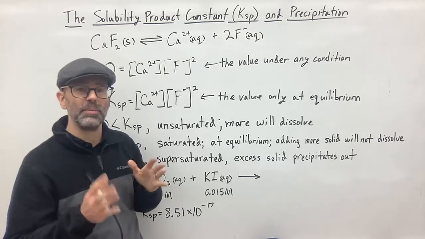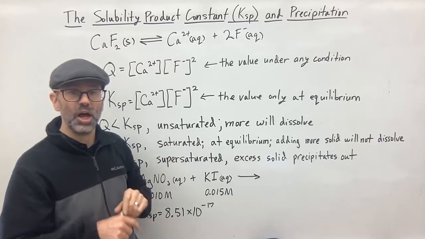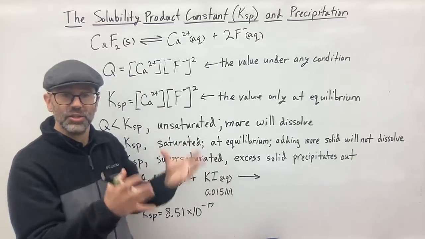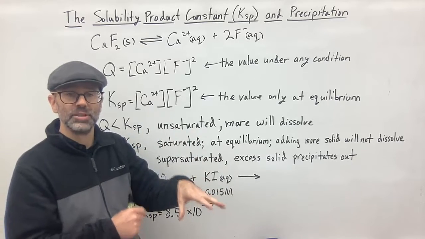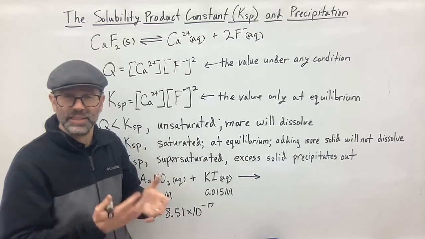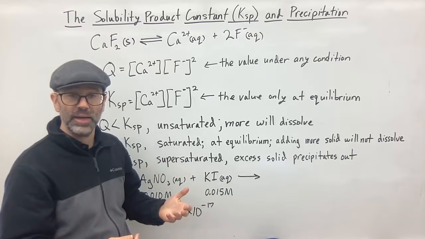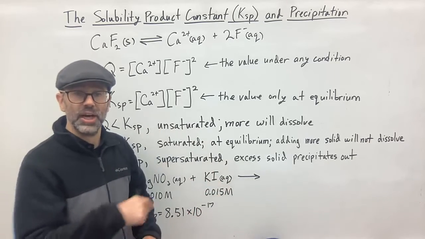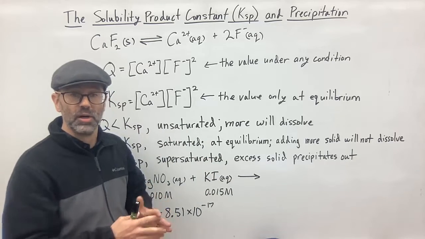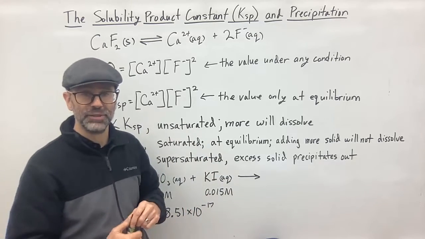If we remember what's going on when you dissolve, you throw a solid ionic substance like salt, NaCl, into water, you mix it up, and it dissolves. And you keep throwing salt in there, and it dissolves more. Can you do that indefinitely?